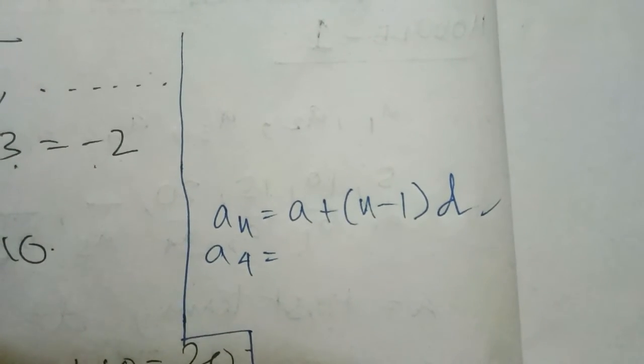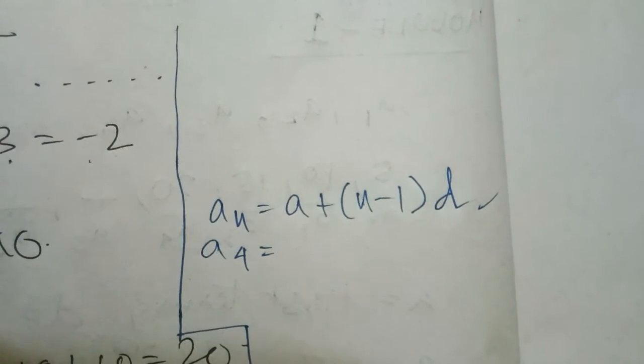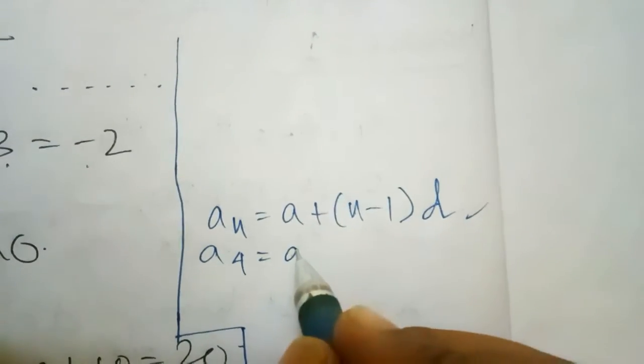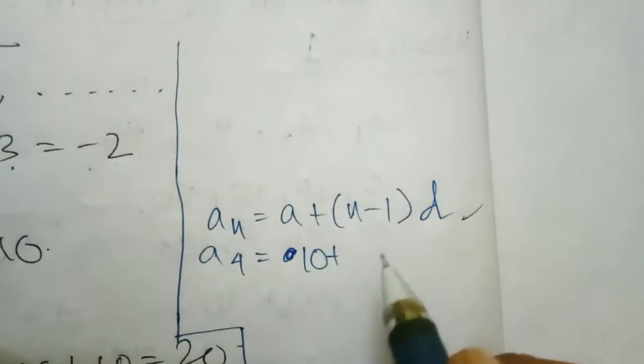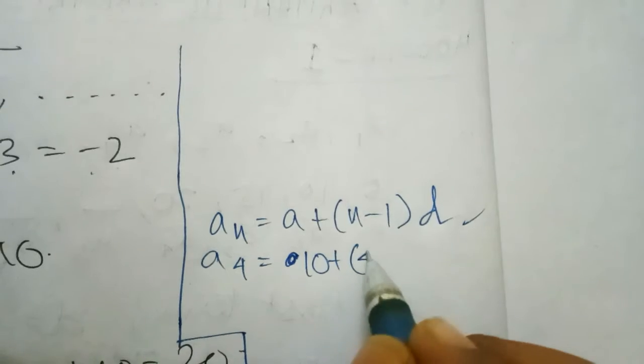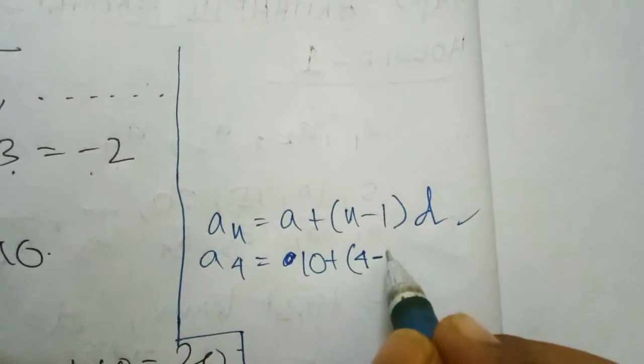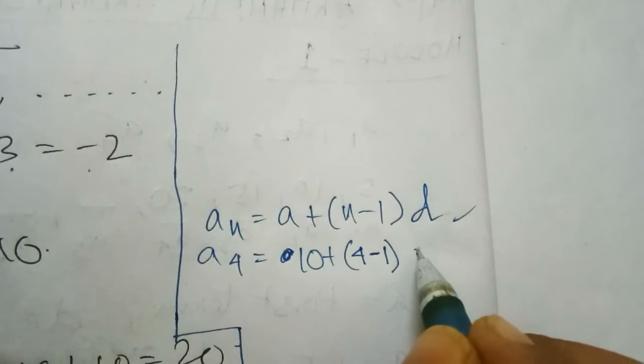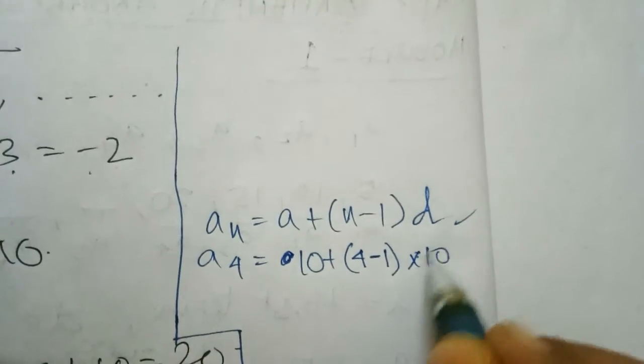You can easily find it: the first term is given 10, then 4 minus 1, into 10.